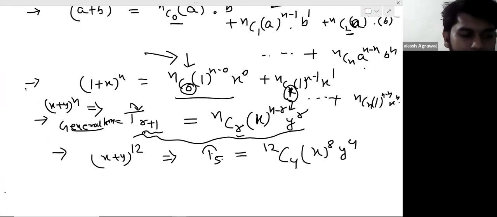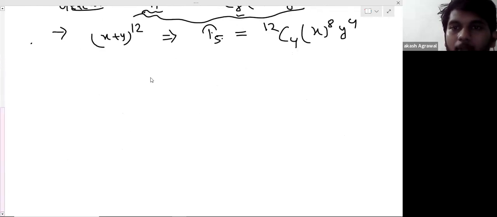This is clear, how to use general term. Write down the example also. Done.